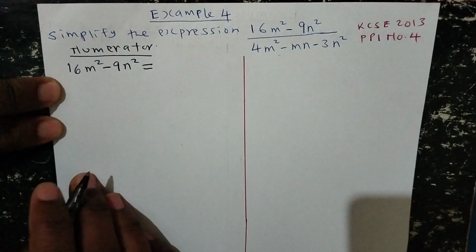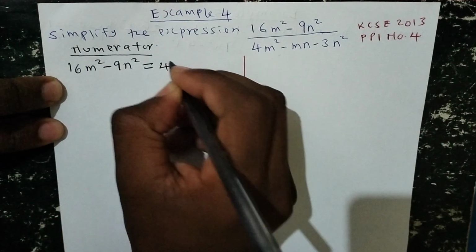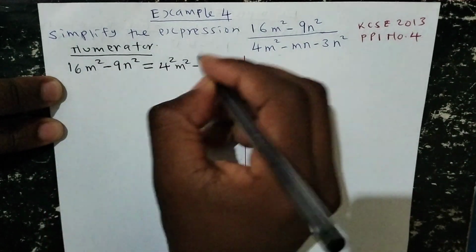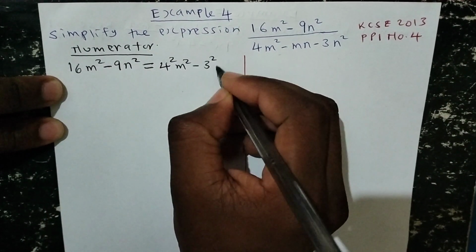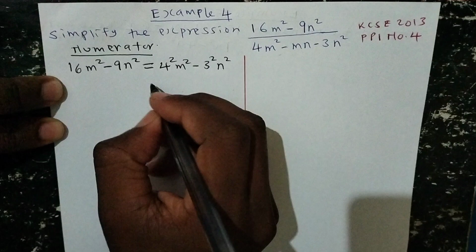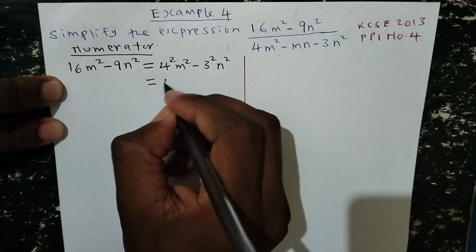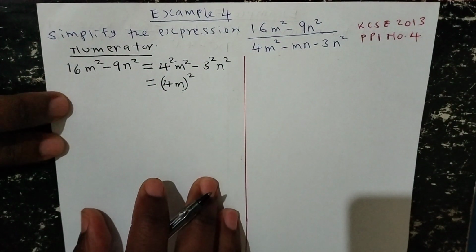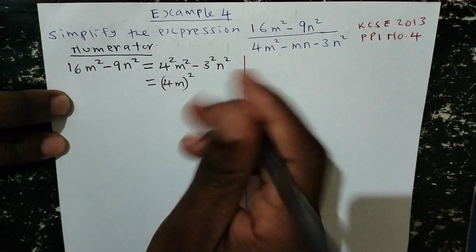So this is the same as saying 4 squared m squared, minus 3 squared n squared. This can be written as (4m) squared minus (3n) squared, because both terms are squared, so I can simply factor in the square.